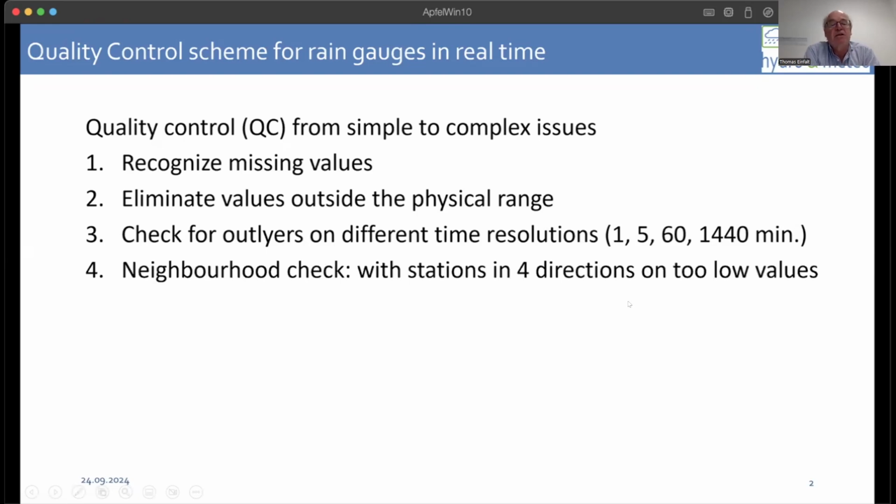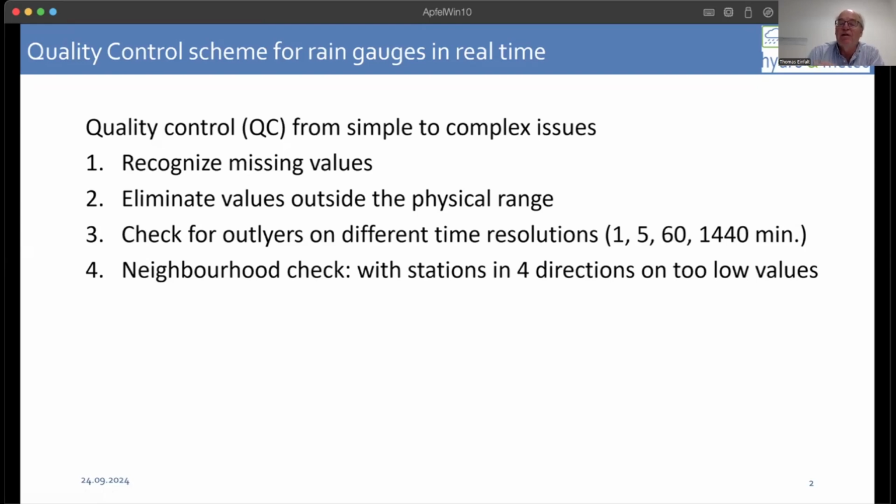The next check is a neighborhood check. We compare with stations in 4 directions, and we look at whether the station that we are examining has too low values.